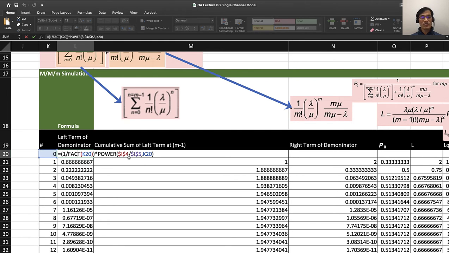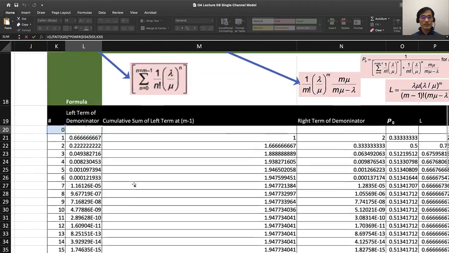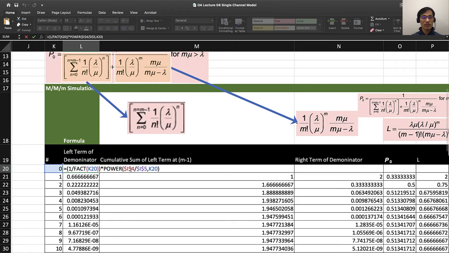I4 is, as you know, lambda. If you scroll up, you'll see here's I4, that's lambda, and I5 is mu, and I have entered that here. So I4 over I5, and then comma, K20, which is n, right here, to the power of n. So I use that, and then I found that that's going to be a 1.